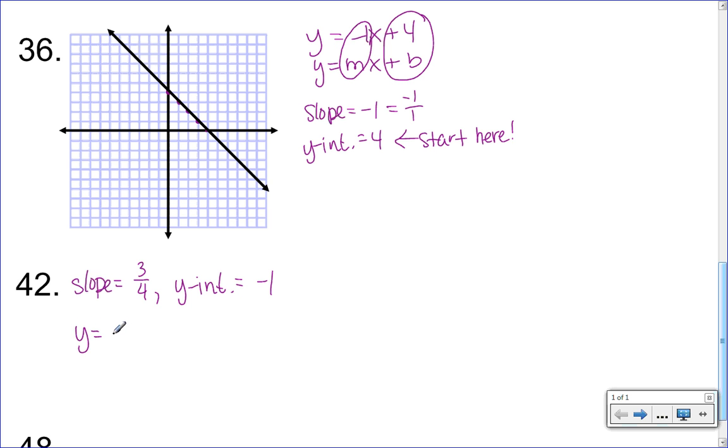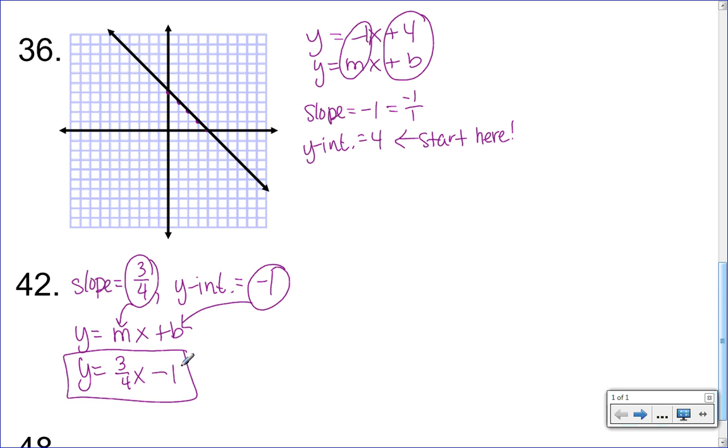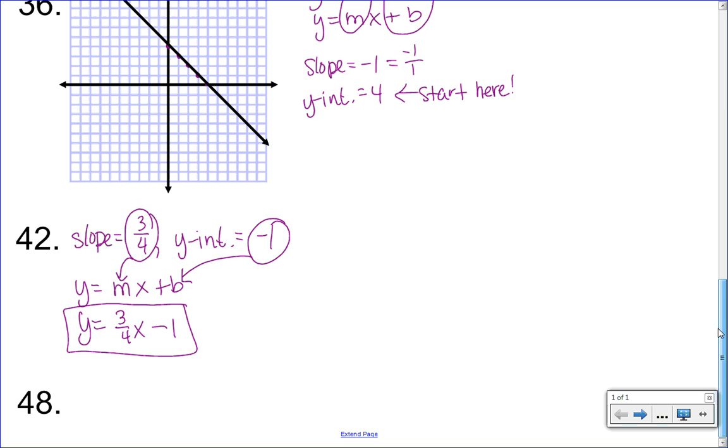So we want this in slope-intercept form, y equals mx plus b. We know the slope is m, so this will replace the m. And we know the y-intercept is b, so this will replace the b. So y equals 3/4 x, and then plus -1, or just -1.